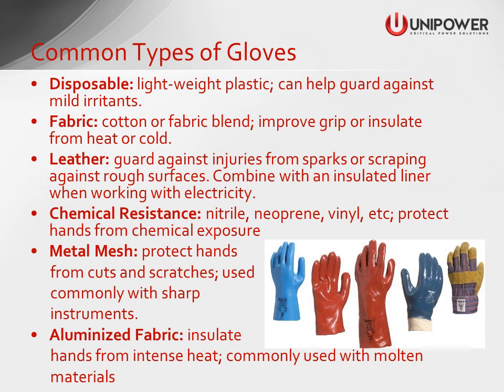Chemical resistant gloves, which are made of nitrile, neoprene, vinyl, or other materials, are used to protect hands from chemical exposure. Metal mesh, which are used to help protect hands from cuts and scratches and are used commonly with sharp instruments. And finally, aluminized fabric that is used to insulate hands from intense heat, commonly used when molten materials are in the work environment.